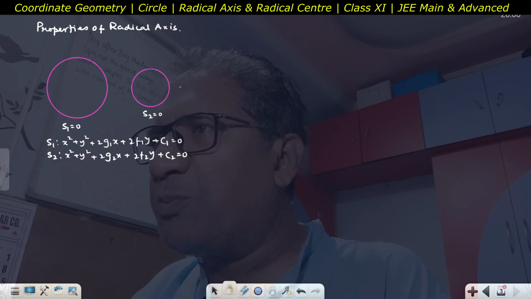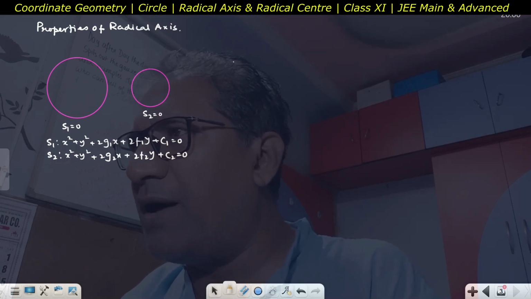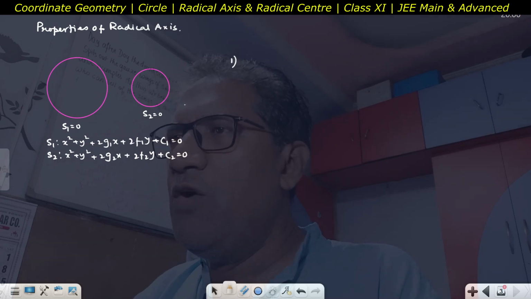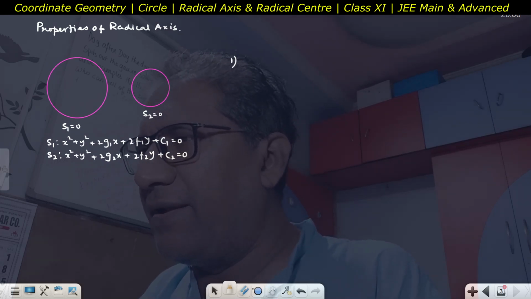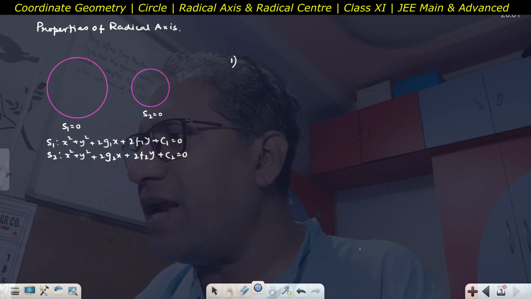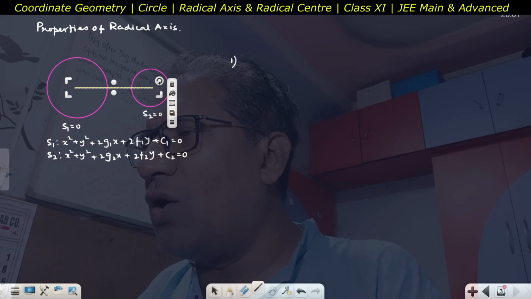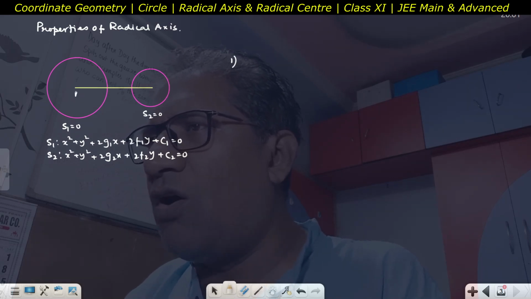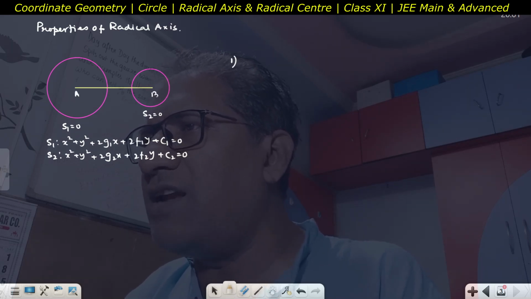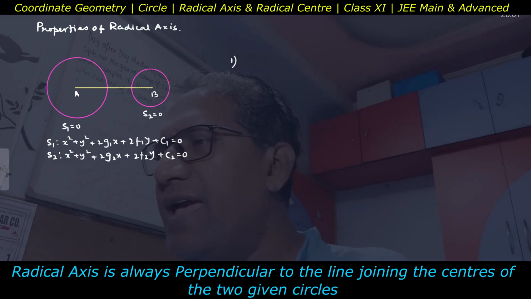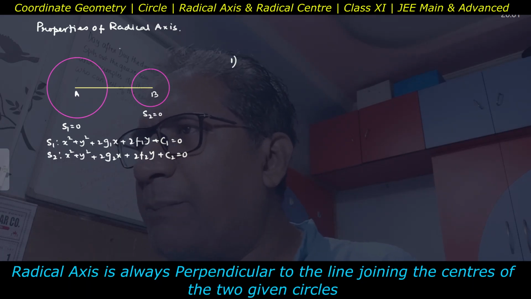Now the first property that we are going to discuss is that whenever we join the two centers of these given two circles, the line joining the two centers, let us say A and B, is always perpendicular to the radical axis.